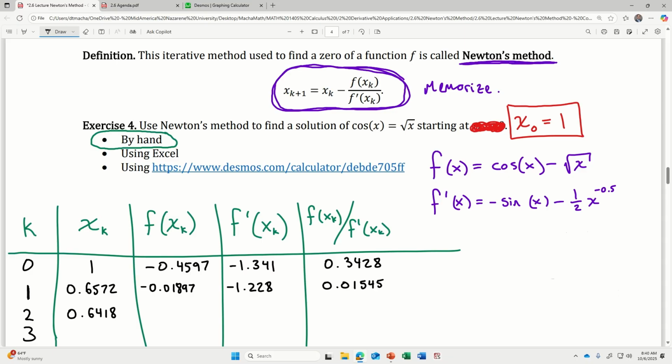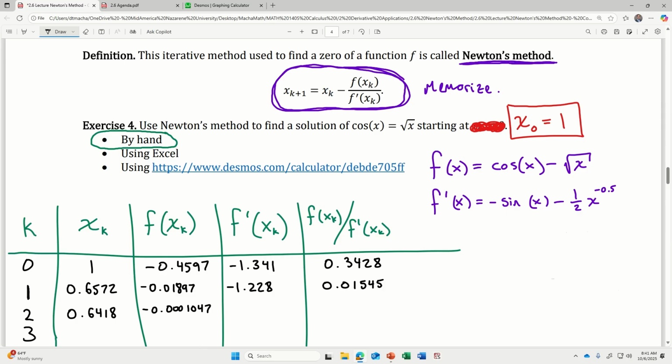And now I've got to take the value of my function at 0.6418. So take cosine of 0.6418 minus square root of 0.6418. And I get negative 0.0001047.